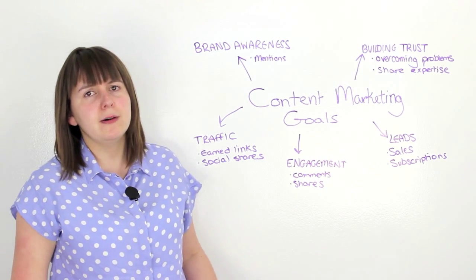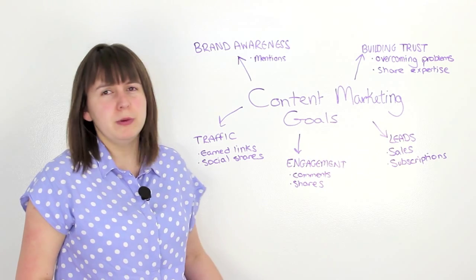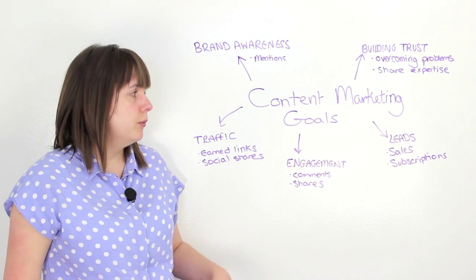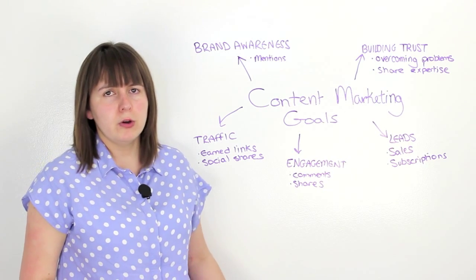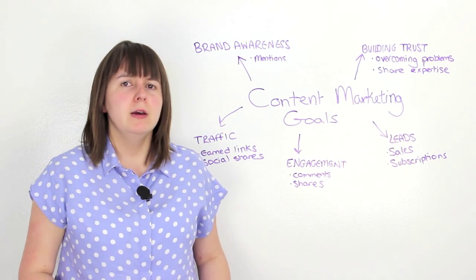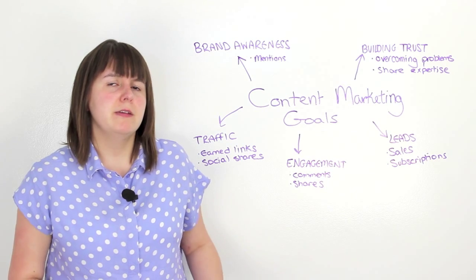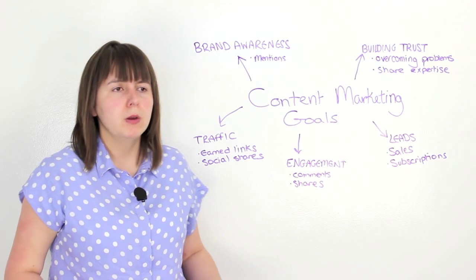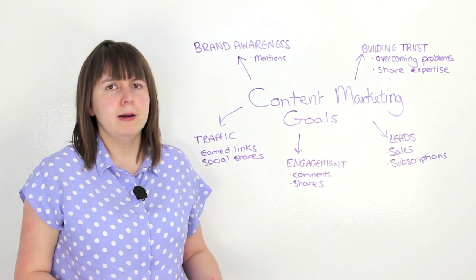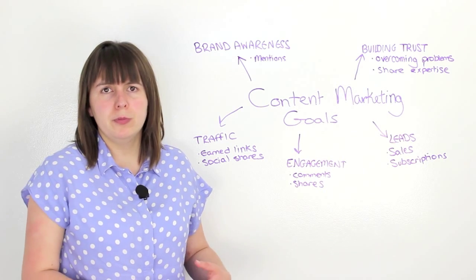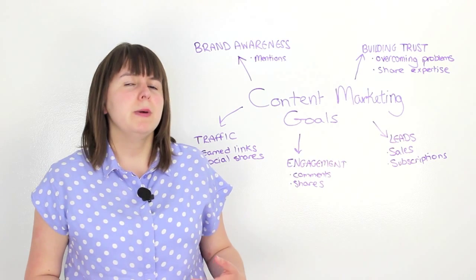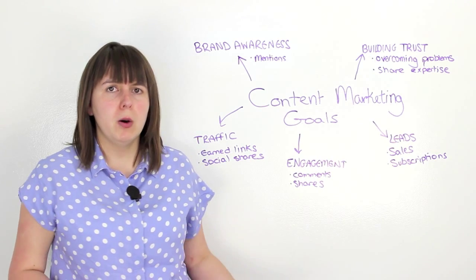Next of all, you've got leads. So this will be different for every business. So your sales, for example, if you're an e-commerce site and you're looking to increase the sales of a particular product, for example, say a camera, you will want to create content that will not sell that product in the same sense that sales copy does, but maybe create something around the topic of it.